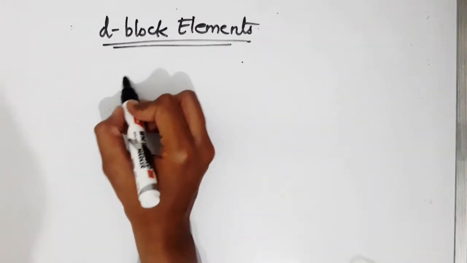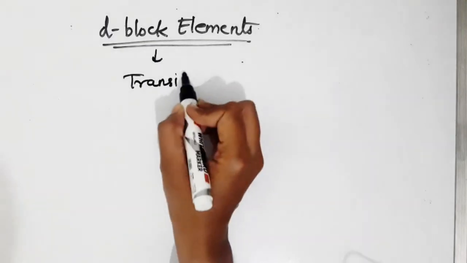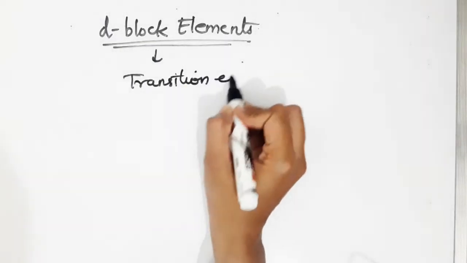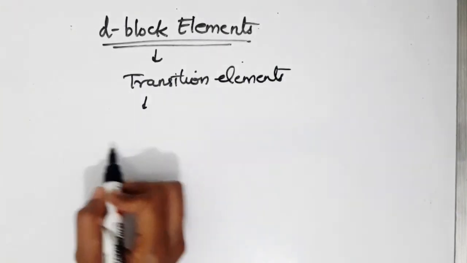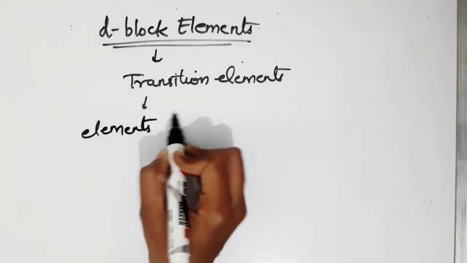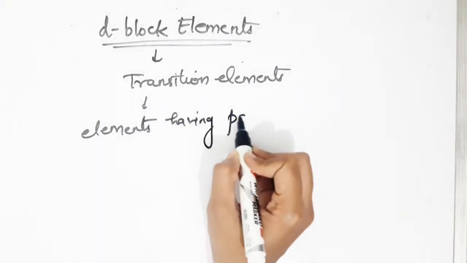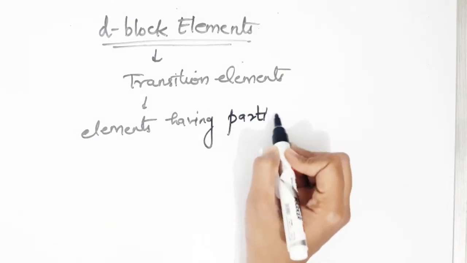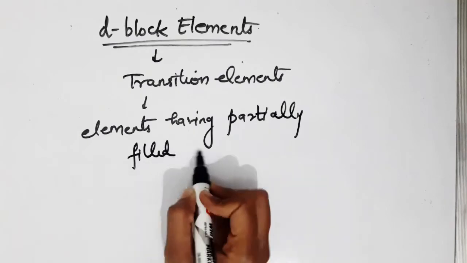The D block elements, also known as transition elements, are defined as elements having partially filled D orbital.